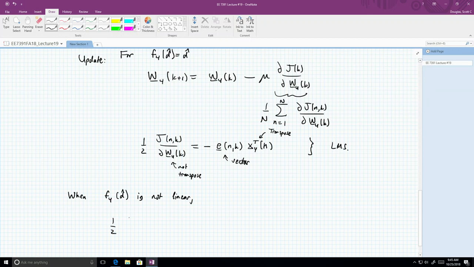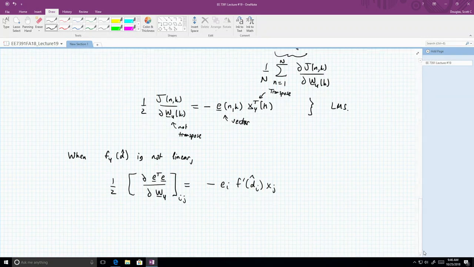One half of the derivative of E transpose E with respect to W4 is equal to, and this is the ijth element, E_i and then the derivative of the ith output from that system times x_j, okay?